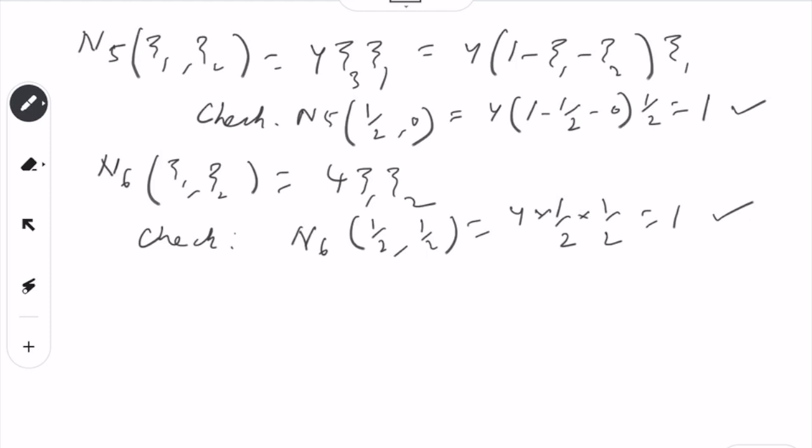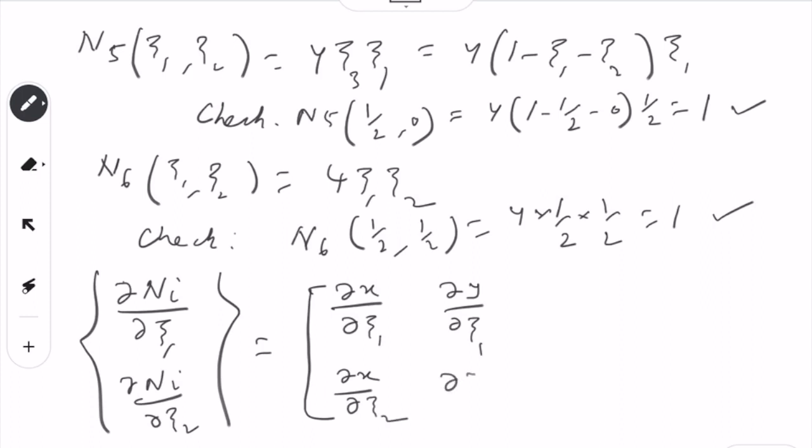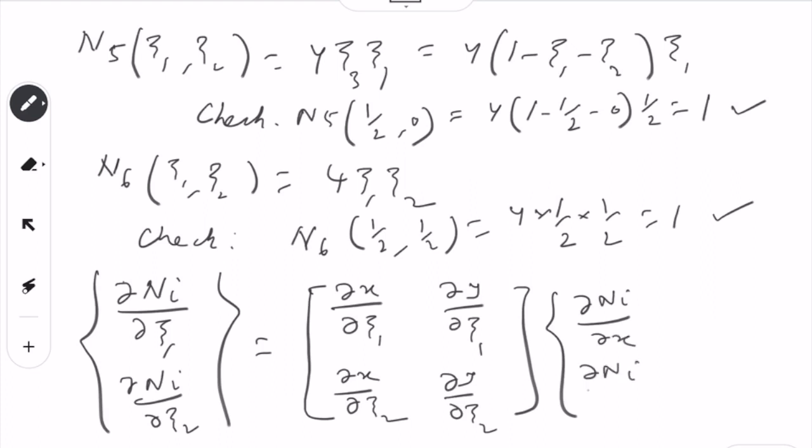We have del ni over del xi1 and del ni over del xi2 equal to, the same equation as we wrote earlier, the same thing will be applied: the matrix of del x over del xi1, del y over del xi1, del x over del xi2, del y over del xi2, multiplied by del ni over del x and del ni over del y.